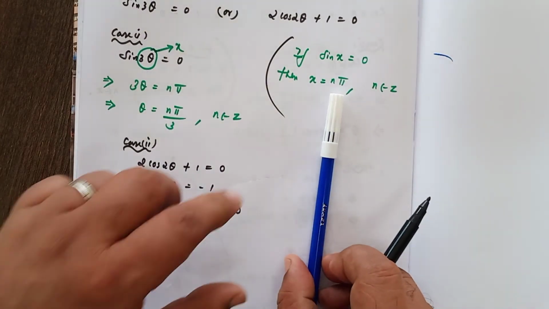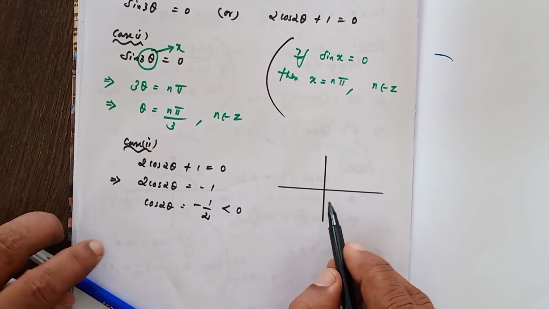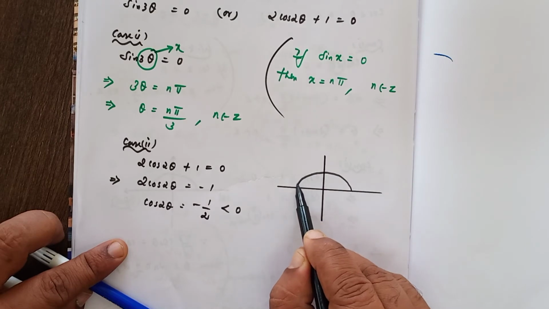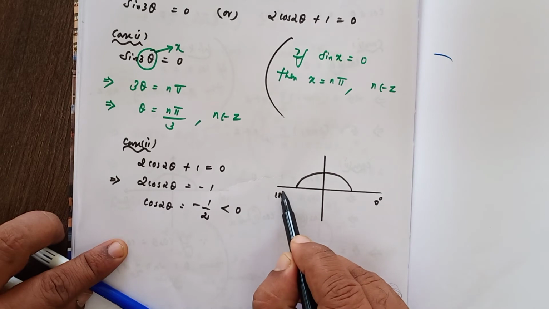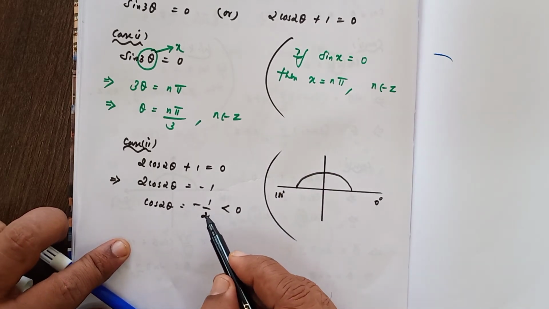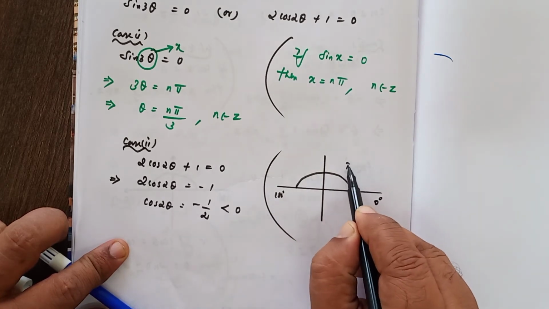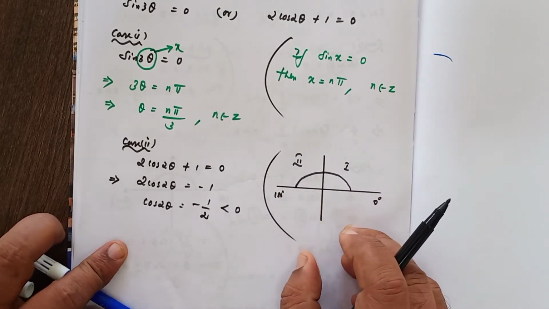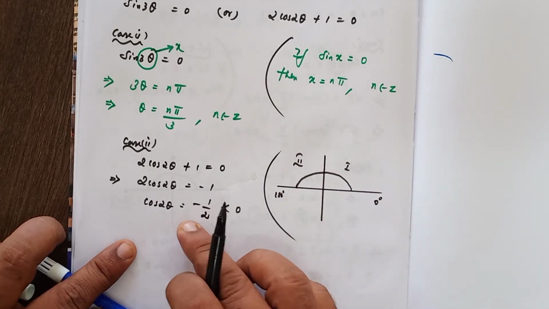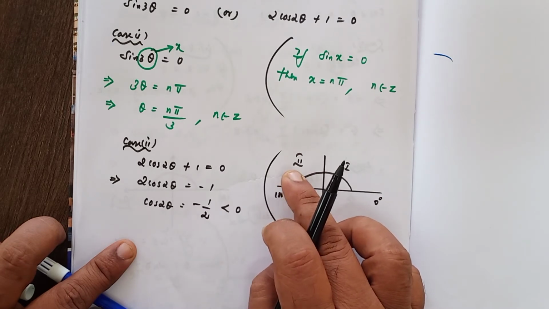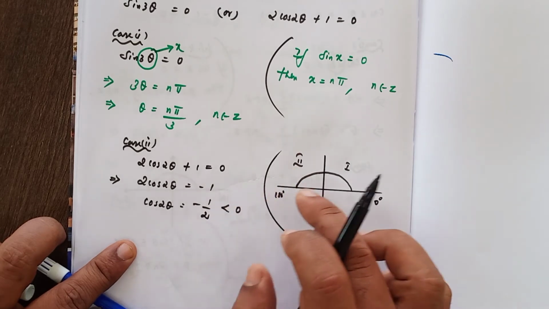We know the principal solution of cos theta lies from 0 to 180 degrees. Since cos theta is negative, that will be in the second quadrant only. In the second quadrant, sine and cosecant are positive, cos is negative.